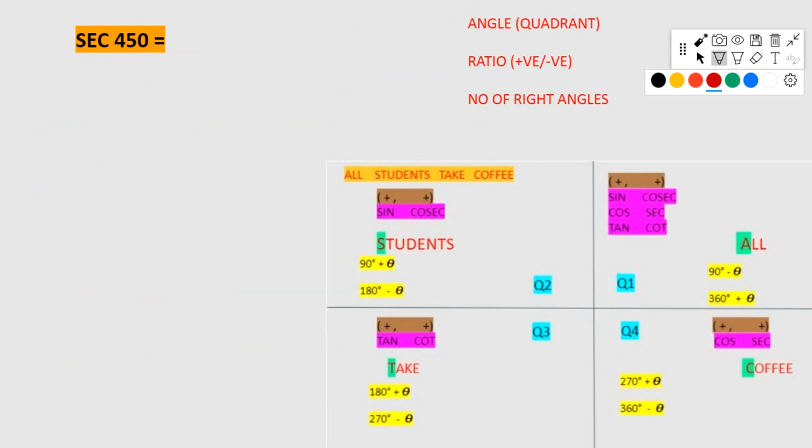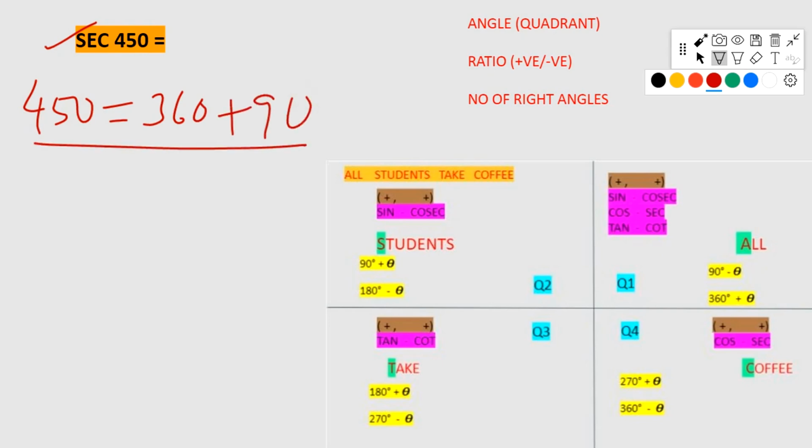Next, one more example. Secant 450 degrees. What is the value of secant 450 degrees? Here the angle 450 degrees can be written as 360 degrees plus 90 degrees. Right? 450 equals 360 plus 90.